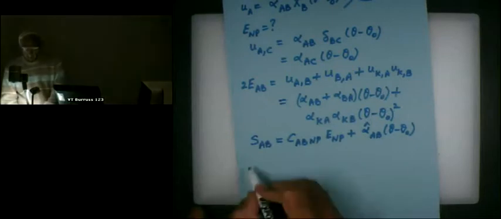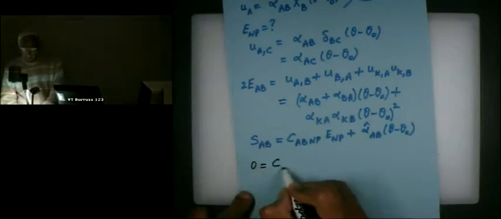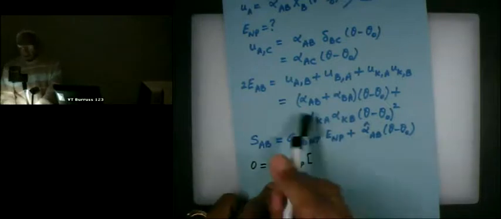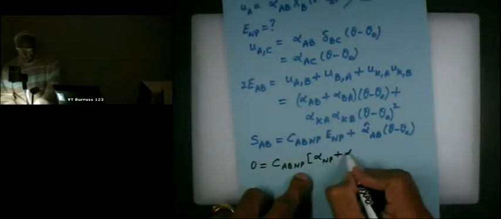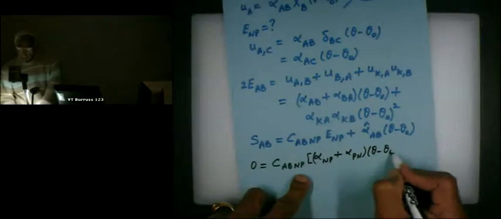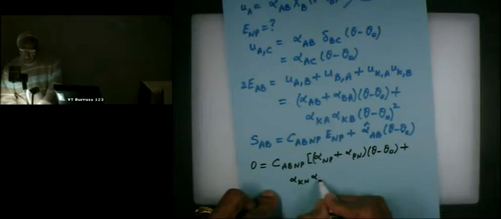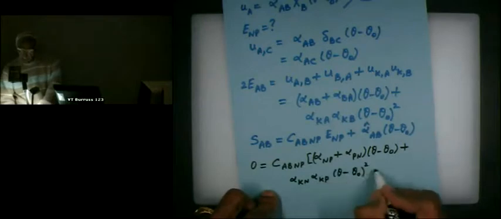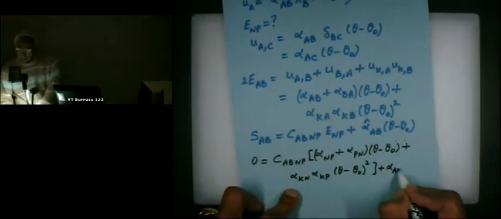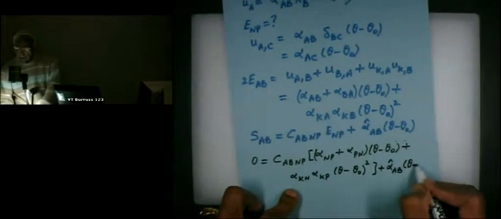So 0 should equal then C_AB NP, and E_NP is this quantity, so that's alpha_NP plus alpha_PN (theta minus theta_0) plus alpha_KN alpha_KP (theta minus theta_0) squared, plus alpha_AB hat (theta minus theta_0).